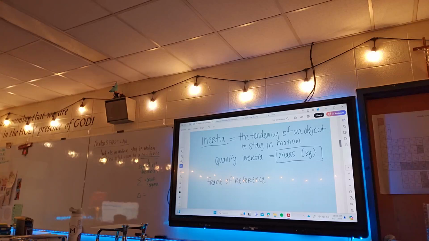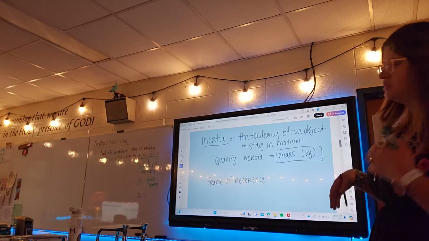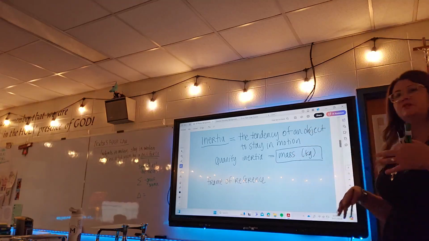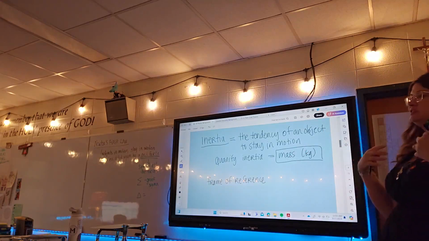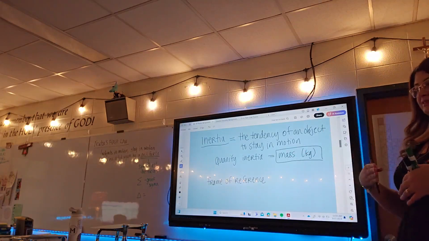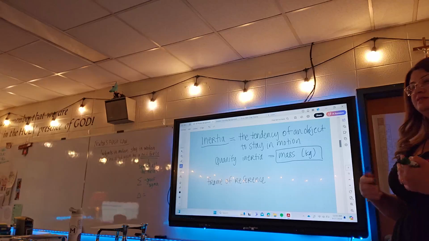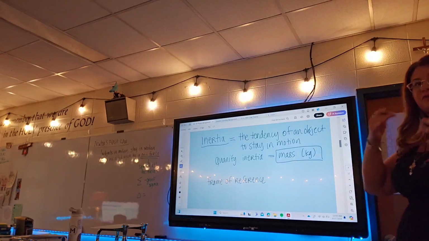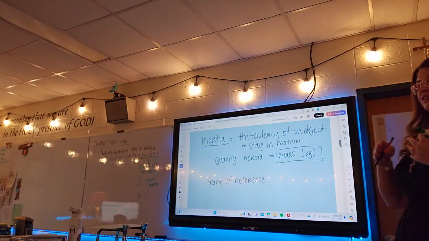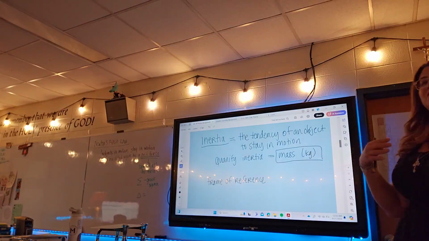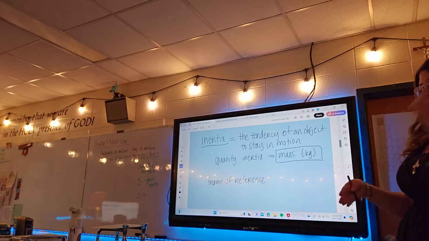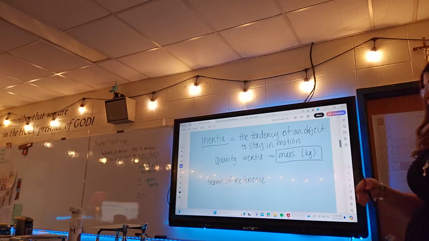Whereas when you're first getting in your car and you accelerate very quickly, you put the gas on, you feel that force, like you're pushed back in your seat, because objects tend to stay at rest if they're already at rest. So your body is still at rest until the force of the car acts upon it. But over time, your body gets used to the acceleration of the car and you no longer notice it.